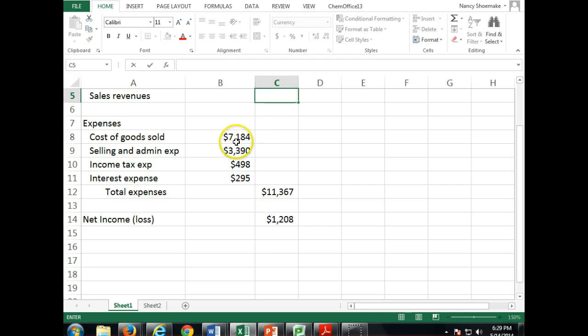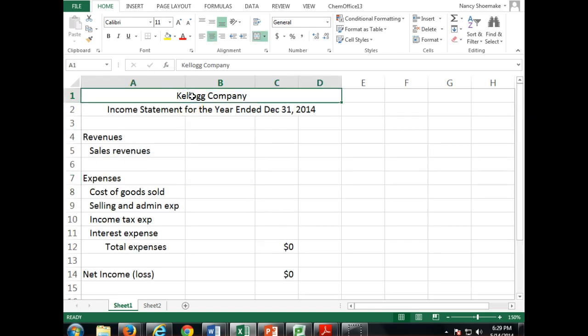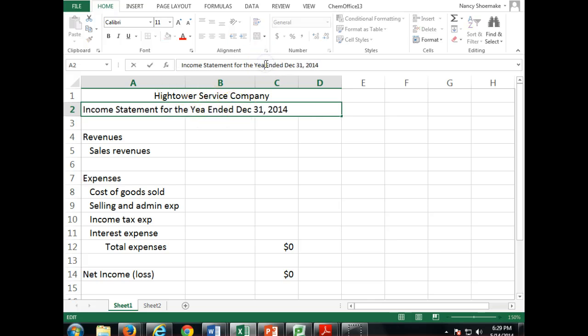Revenues and expenses, don't we? Right? So, the name of this company is Hightower Service. Income statement for the period ended June 30th.